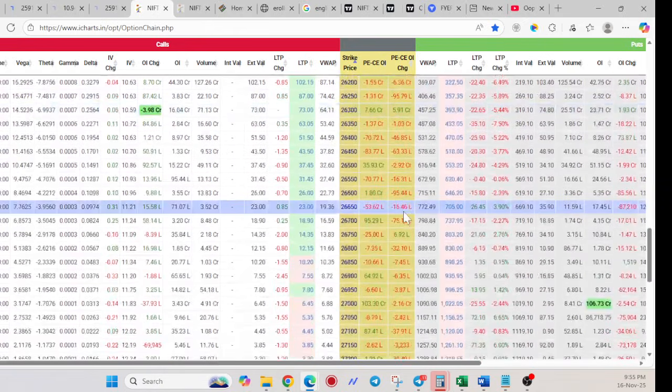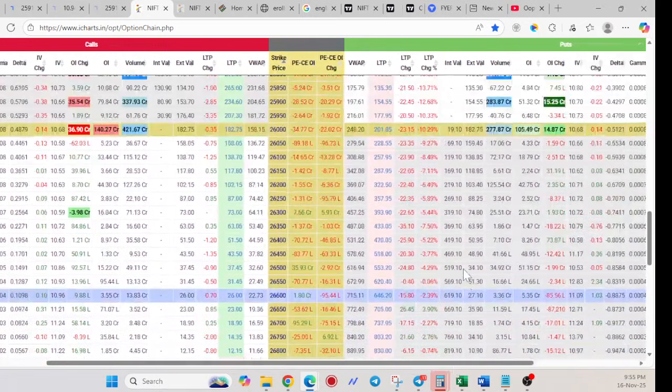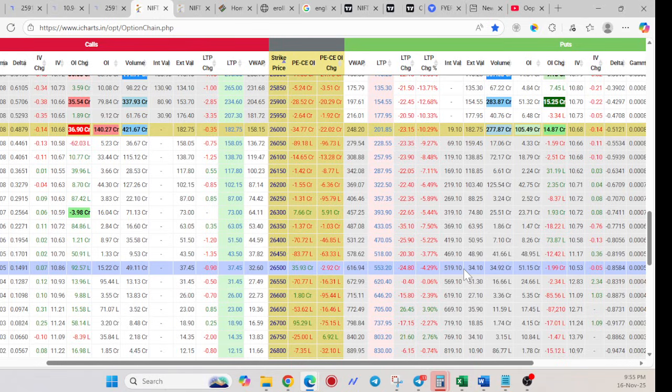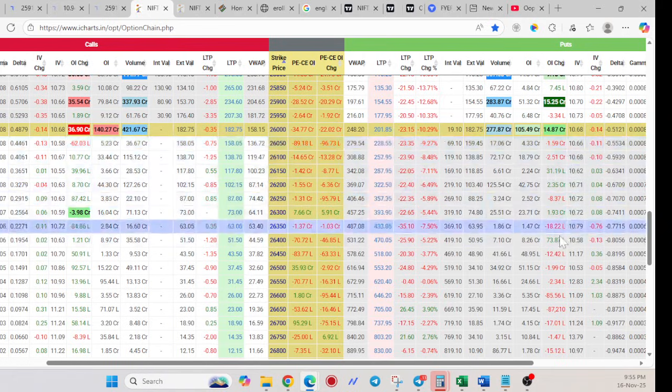Now about 26,000. If the market has to move, we need ITM put writing, right? We are not seeing major put writing. What we are seeing is some good action here at 26,200.